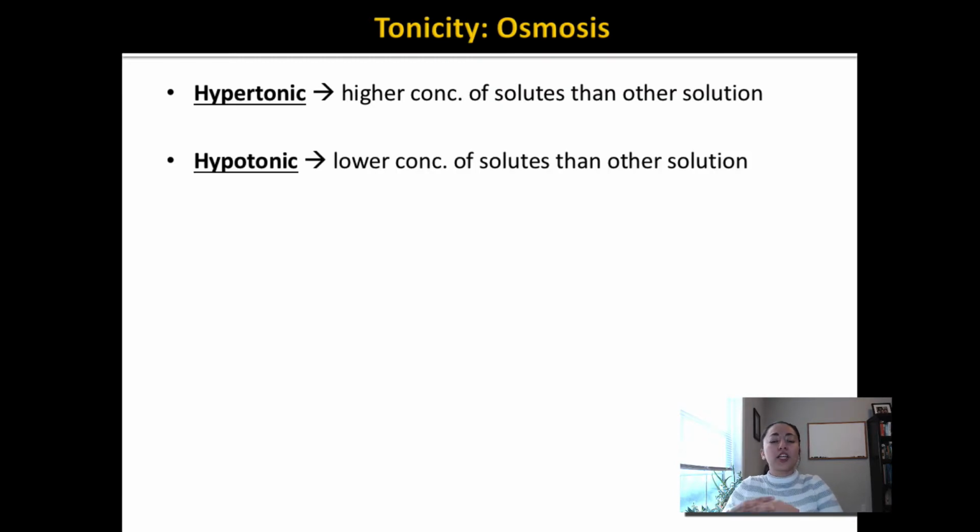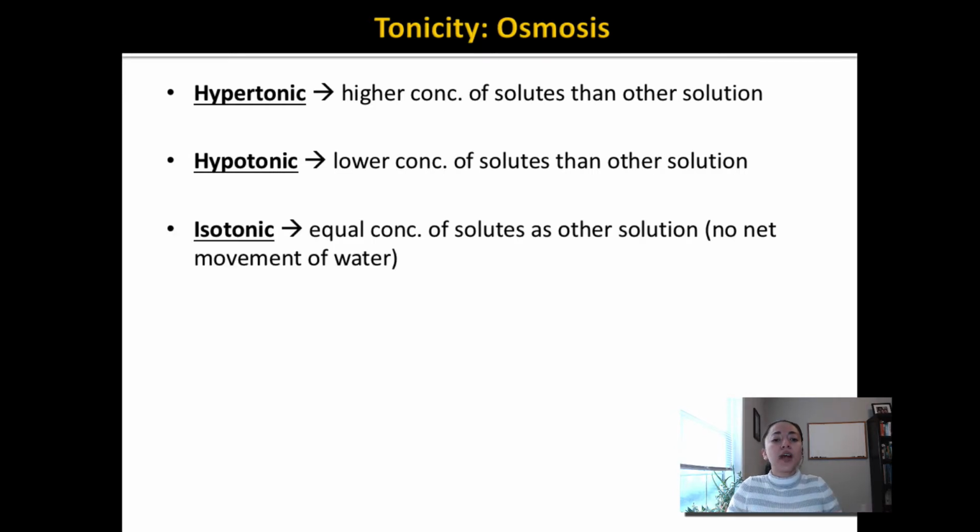Hypotonic means it has a lower concentration of solutes than the other solution it's being compared to. And isotonic means that the two solutions have an equal concentration of the solute. So there's going to be no net movement of water in either direction. Water will still move in both directions, but at an equal rate.